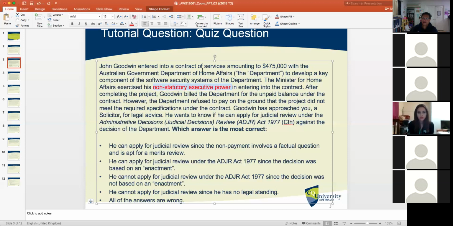Keep that in mind, because when we look at the Administrative Decisions Judicial Review Act of 1977, in the course of the other tutorial questions, we will learn a crucial point as to what type of administrative decisions can be reviewed by the courts under the ADJR Act. So keep in mind, as far as the quiz is concerned, this involves the exercise of non-statutory executive power. I shall not say more in the meantime because I might end up answering the quiz.